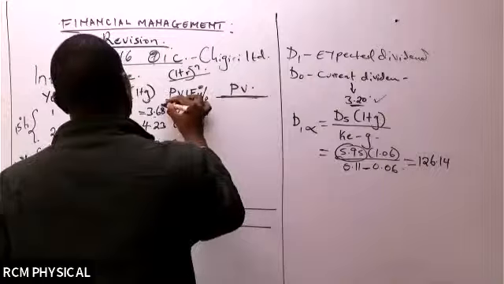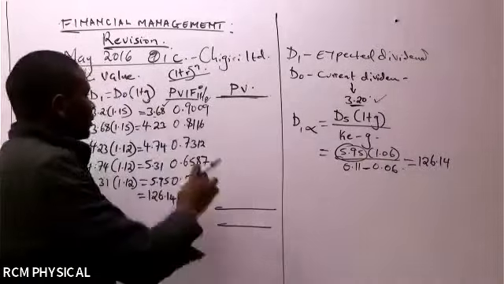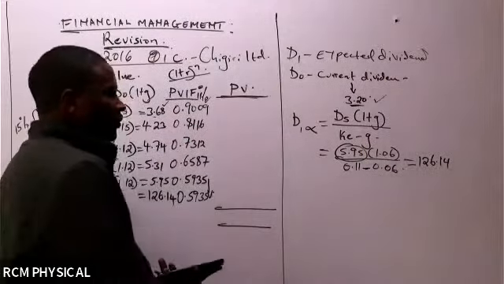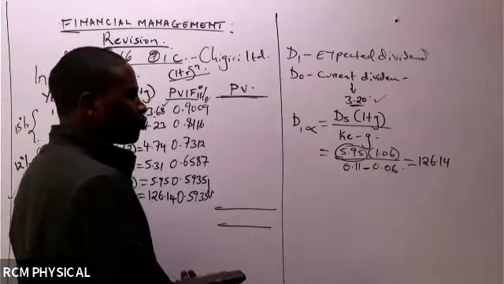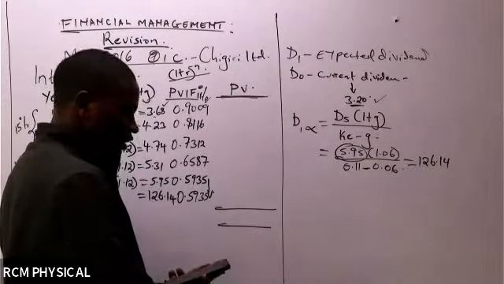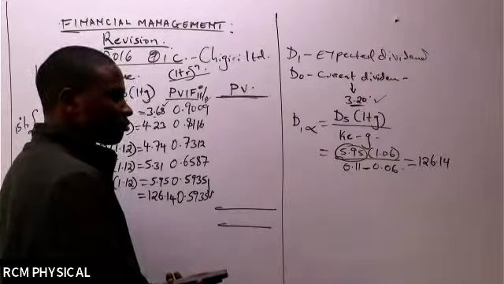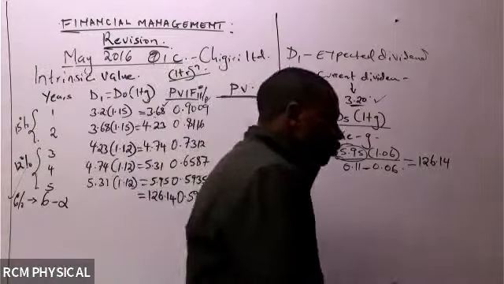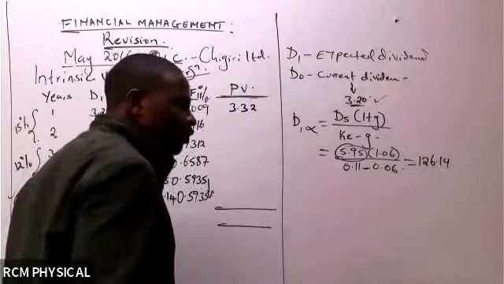So give me the first one: this times this, to 2 decimal places. 3.32. Now the second one.